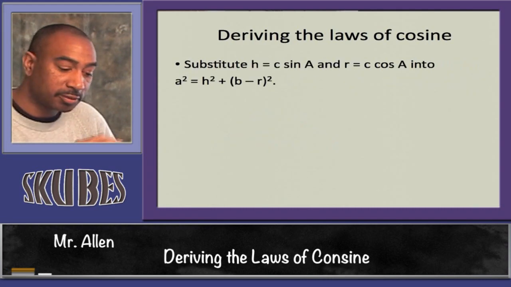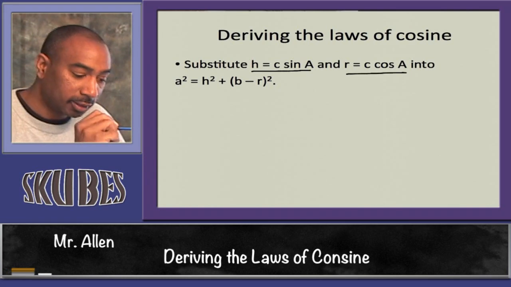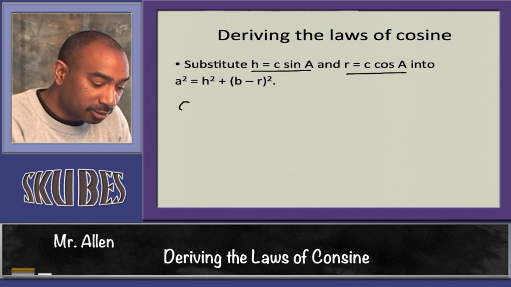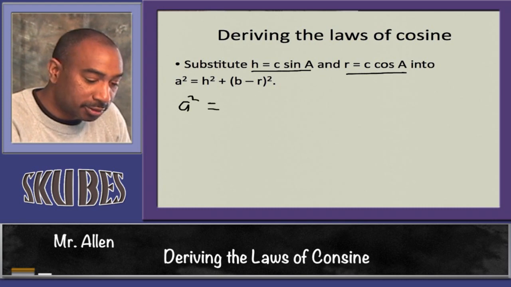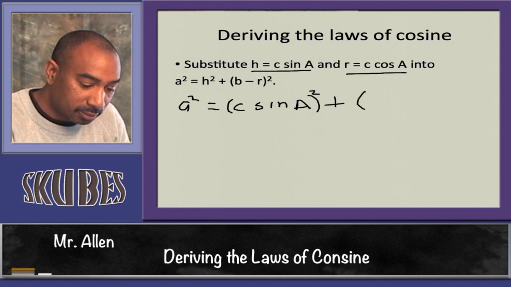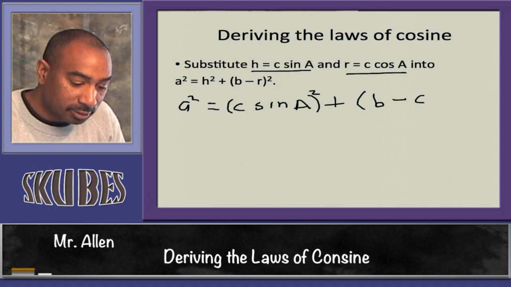We're going to substitute these values that we derived before into the Pythagorean theorem. So I have a squared equals, substituting c sine A for the height h, plus b minus, and for r, I'm going to substitute c cosine of A, all squared.